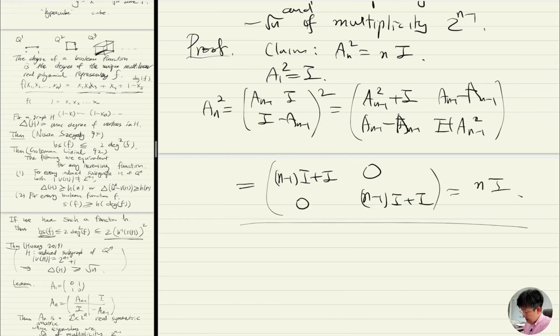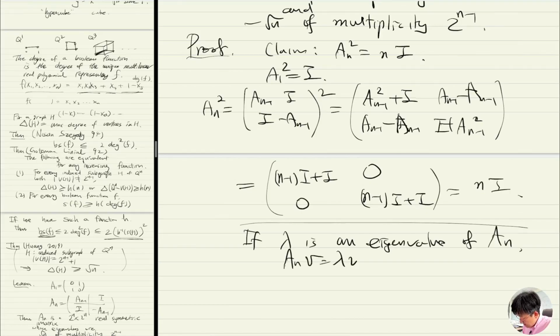Alright? So why is this useful? If lambda is an eigenvalue of A_n, then A_n v is lambda v for the corresponding eigenvector.